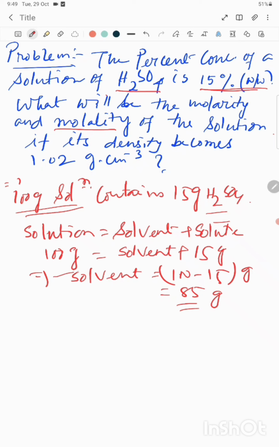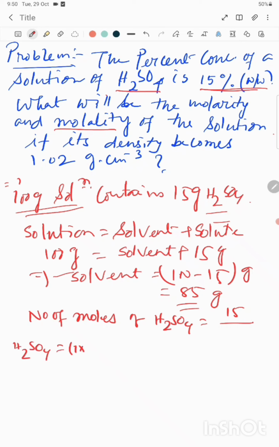So solvent is here. Now we have to see number of moles. Number of moles of H2SO4 equals its given mass by molecular weight. Now what is the molecular weight of H2SO4? Hydrogen means 1 into 2, plus sulfur means 32, plus 16 into 4 for oxygen.